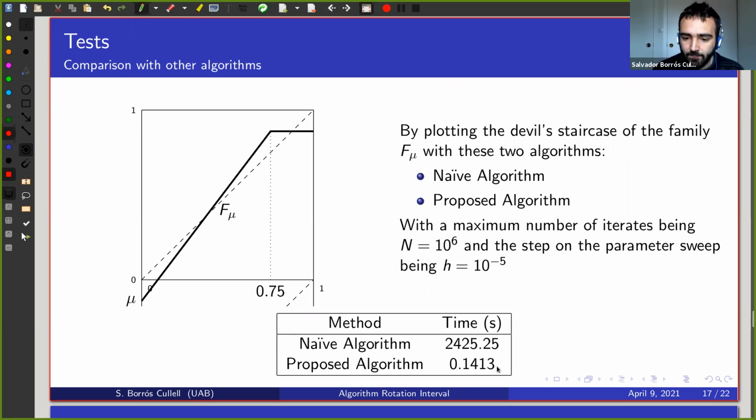You can see that the time taken by our algorithm is 5 orders of magnitude less than using just the naive algorithm. In the paper, you will find that we have also tried another algorithm by Simon and some other authors, and still our algorithm outperforms this other algorithm by at least 2 orders of magnitude.